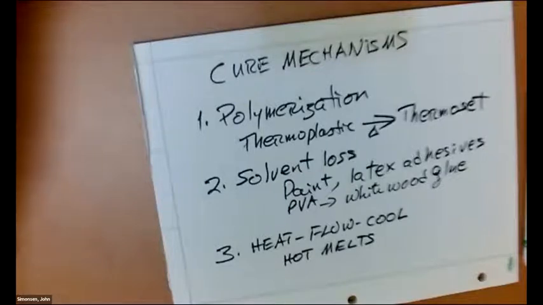The reason you don't use hot melts for everything is because the molecular weight has to be low enough that it will melt in the glue gun, and for that to happen, the molecular weight is low enough that you don't have a high enough molecular weight to get really strong bonding.